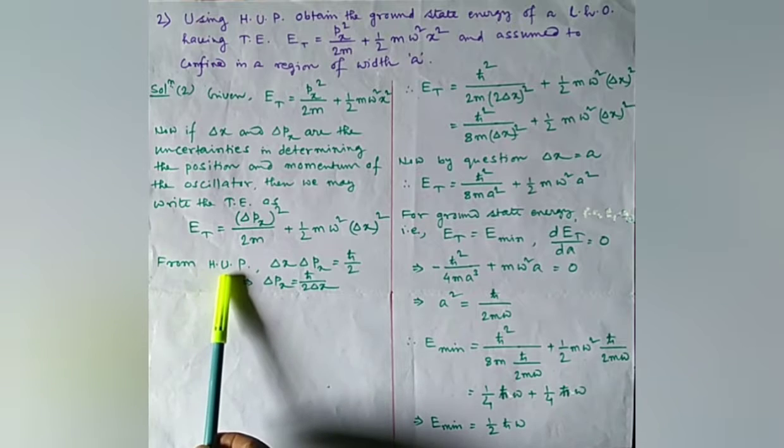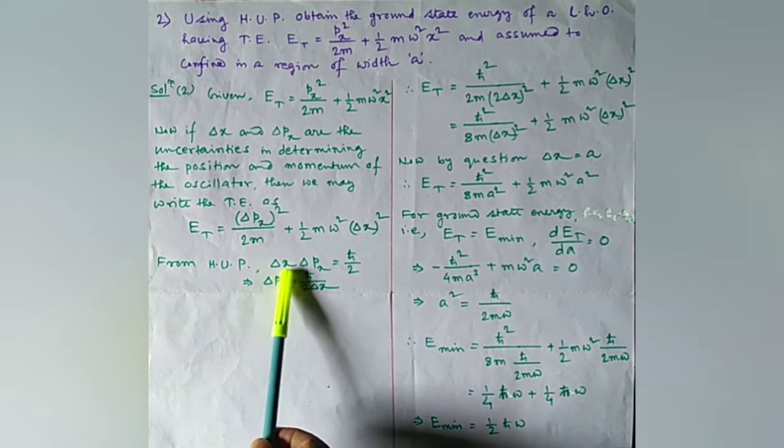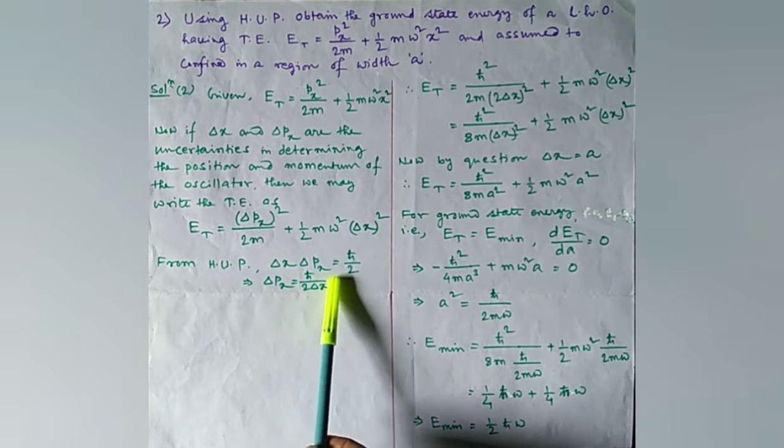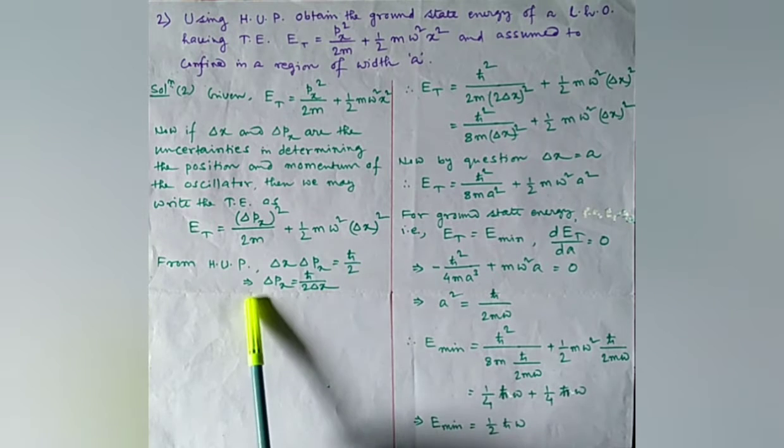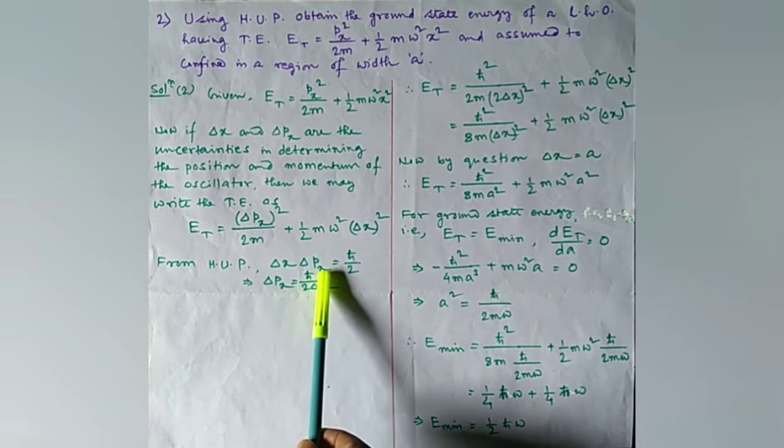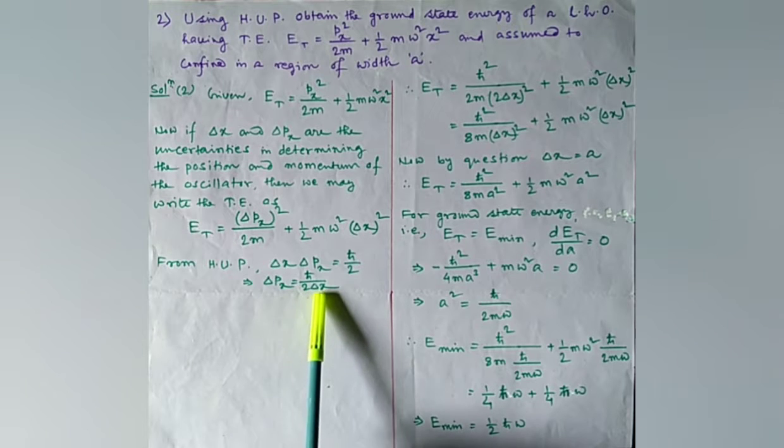From the Heisenberg uncertainty principle, delta x into delta px equals h bar by 2, or delta px equals h bar by 2 delta x.